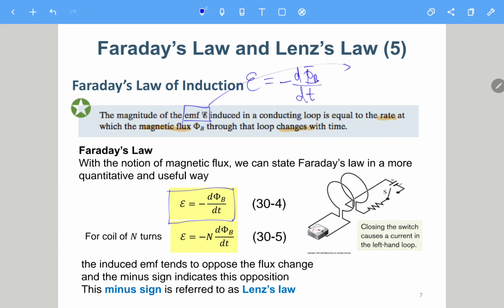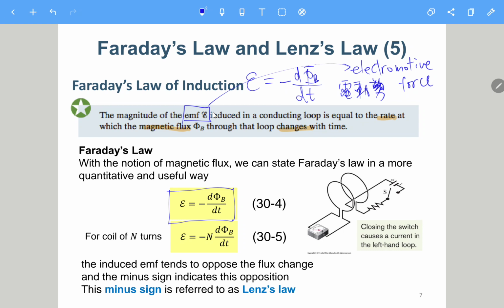This EMF is called electromotive force. Actually, it is not a force. In Chinese, it is called 电动势.